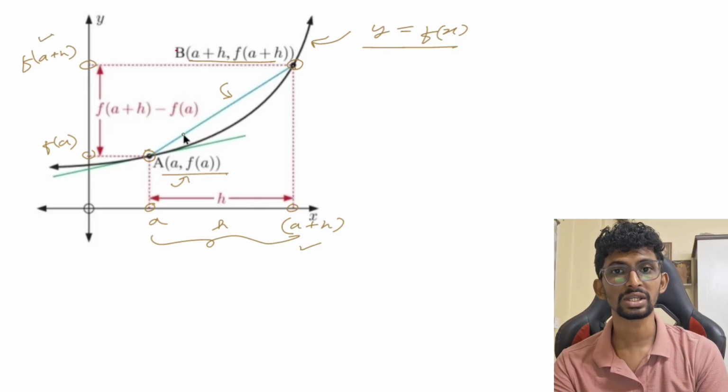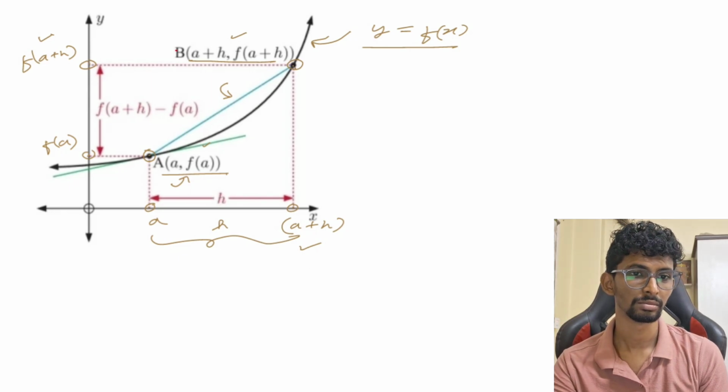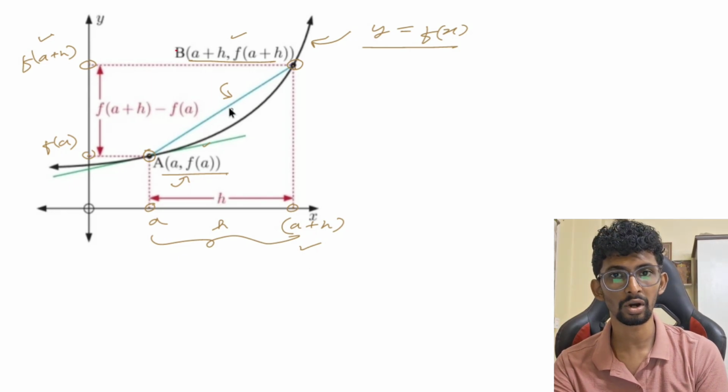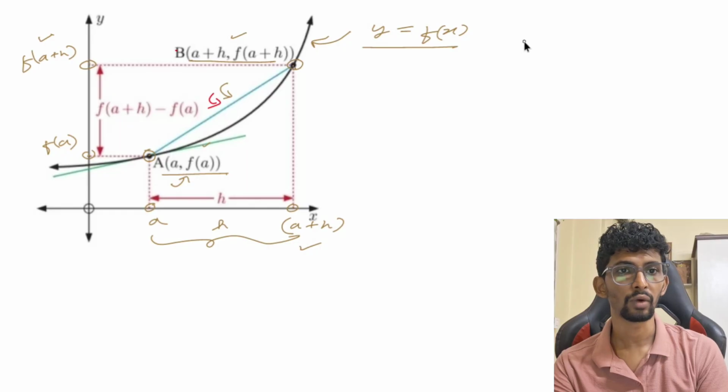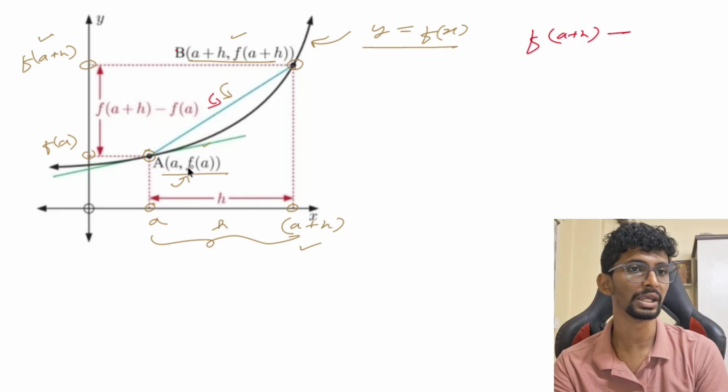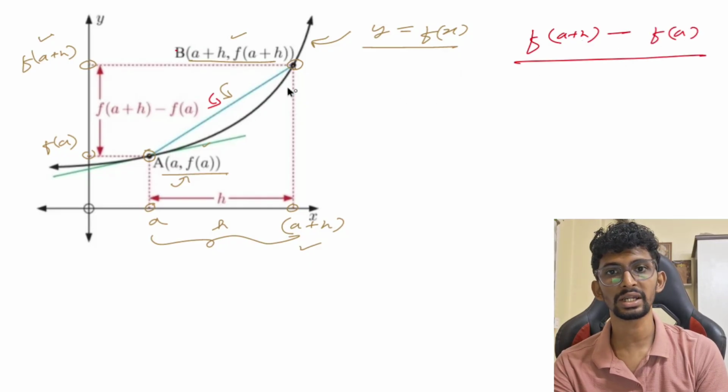Clear? Now since two coordinates are given, we can easily find the gradient. So the gradient of this chord will be y2 minus y1, that is f of a plus h minus f of a, divided by x2 minus x1, that is a plus h minus a.